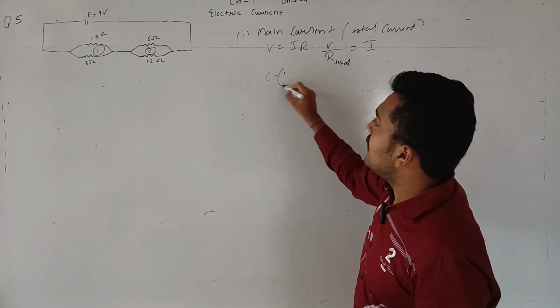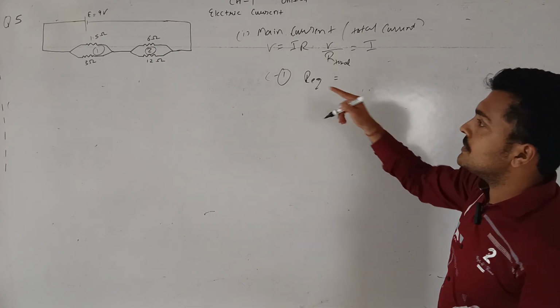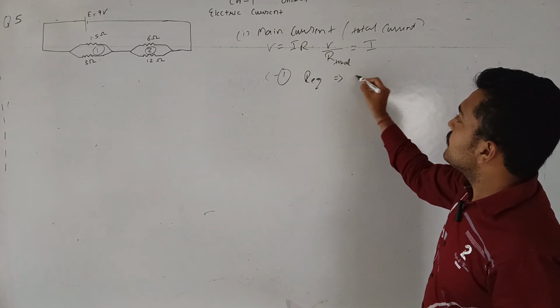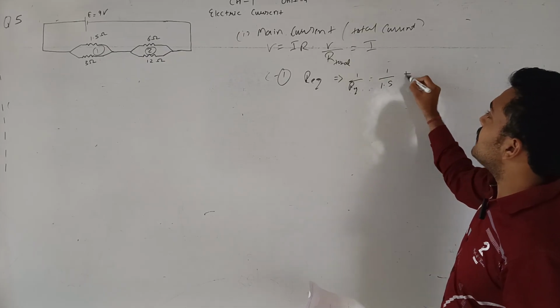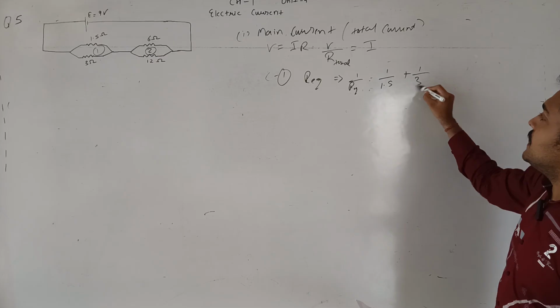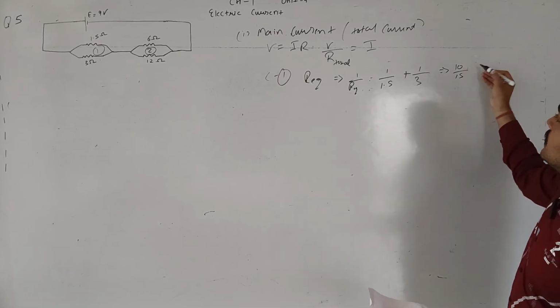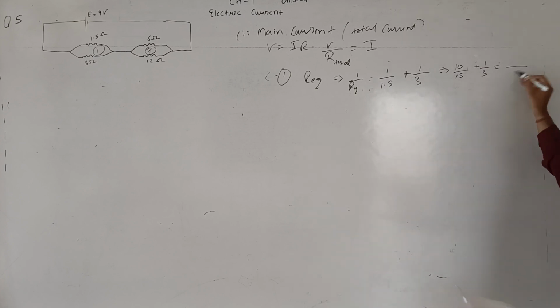For combination 1, R equivalent is, because they are in parallel, 1 by R equivalent is equal to 1 by 1.5 plus 1 by 3. So we can write it as 10 upon 15 plus 1 by 3, and we can take the LCM as 15.